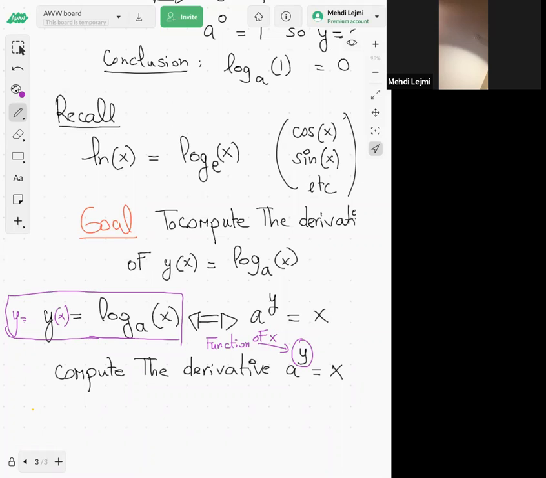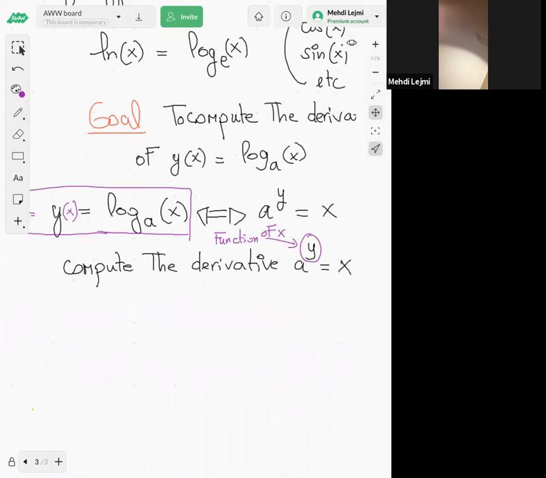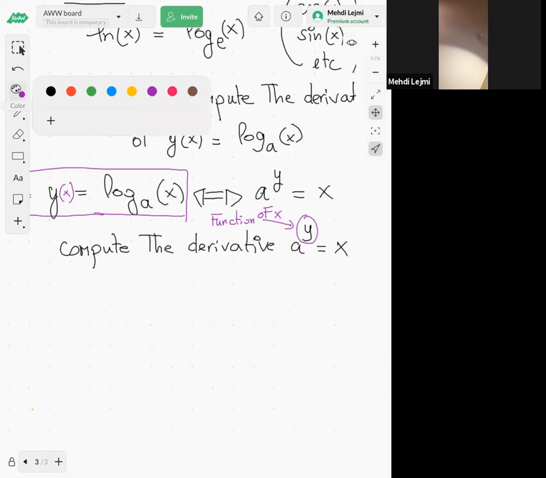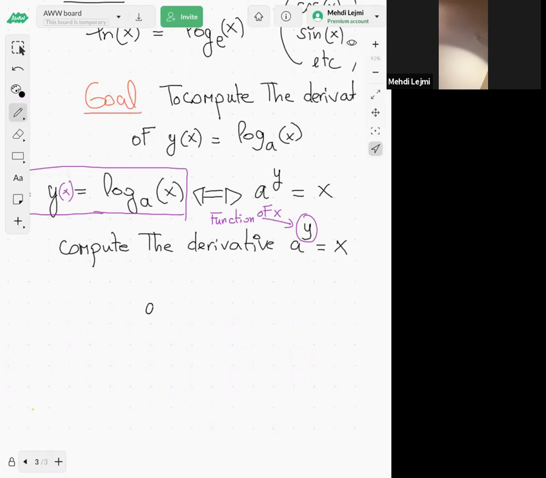Now, what's the derivative of this a to the power y? So we have a to the power y of x, and this is y of x equal to x. Okay, so I want to compute the derivative of both sides.